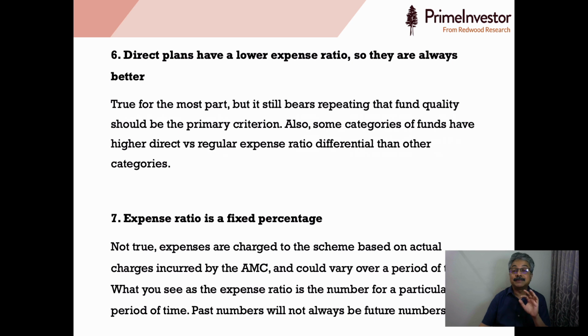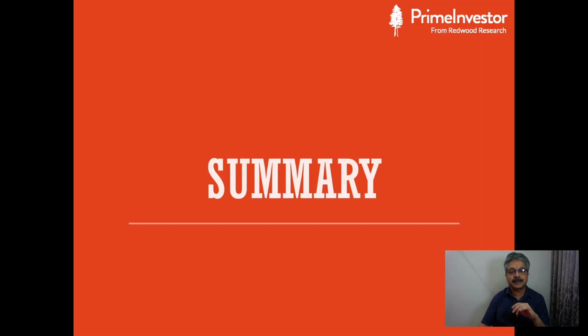And finally, expense ratio is a fixed percentage. No, it's not. It is actually calculated every day, and it's a changing number. It could change through the course of a year. It generally goes through a very narrow band, but it could change over a period of time. So it's not a fixed percentage.